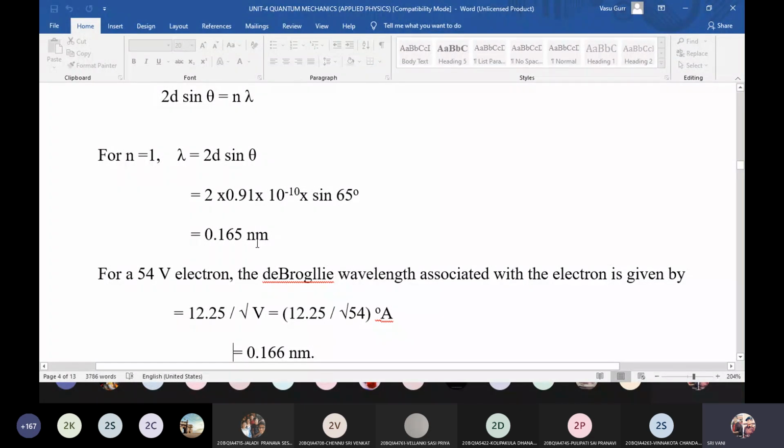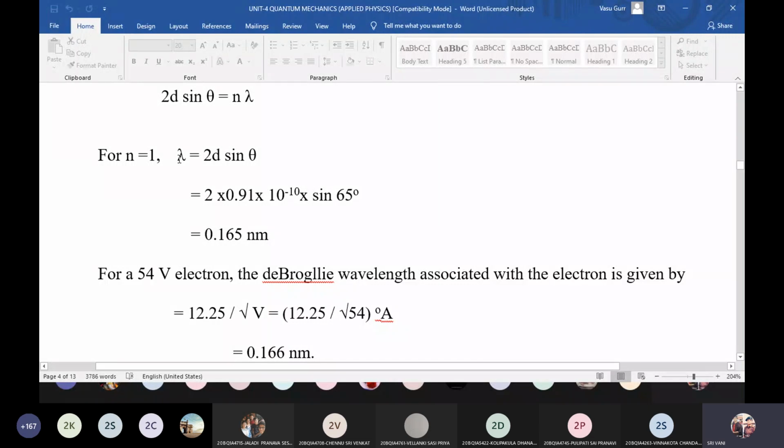What is the main aim of this experiment? To determine matter waves, to check whether matter waves exist or not. Yes, they exist, because they have taken an electron beam as input, and in the final result they have determined the wavelength for the electrons. If an electron possesses wavelength, this indicates electrons exhibit wave nature.